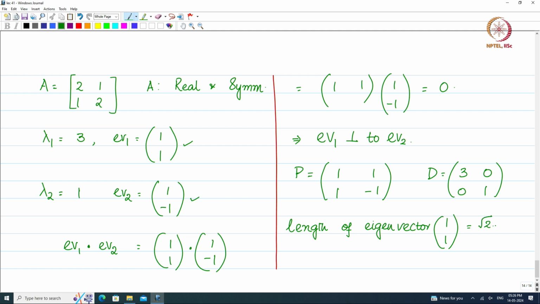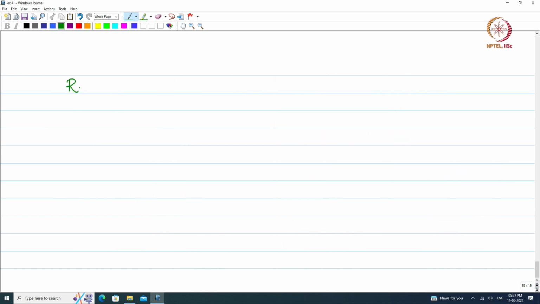So, now what I am going to do is get a unit vector out of this. Let us say EV1 cap is nothing but 1 by root 2 and 1 by root 2. And what is the length of eigenvector 2? I am going to get an eigenvector 2 cap, which is nothing but again 1 by root 2, minus 1 by root 2, right. So, let me form this matrix R, which is going to contain the unit vectors.